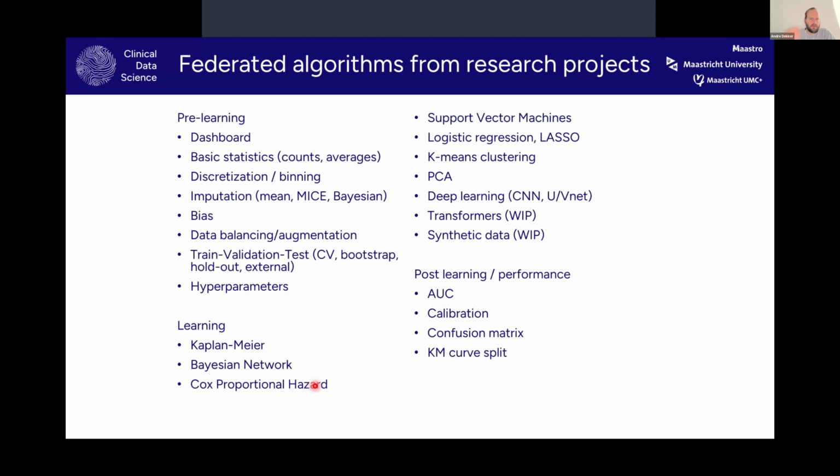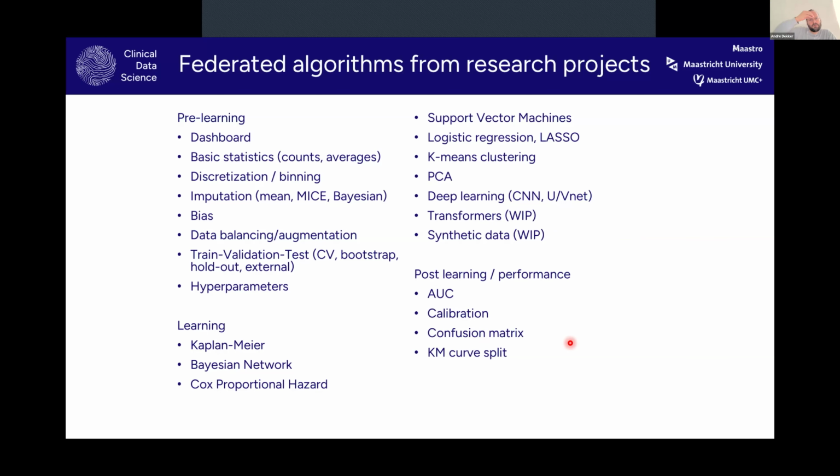As Tim was saying, there are a few phases, right? In federated learning we typically have to go through all those phases. We first have to find out how many patients everyone has, what data elements everyone has. Then we have to do some basic analysis about bias and perhaps imputation and augmentation, and then we can start the learning. And when you're done with the learning, you want to start validating in all kinds of ways.